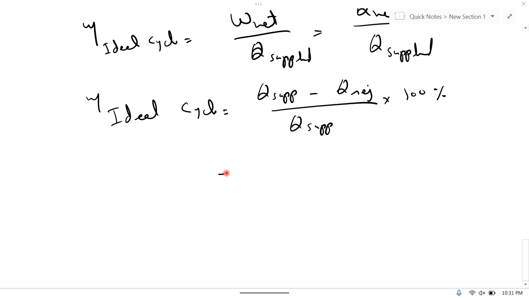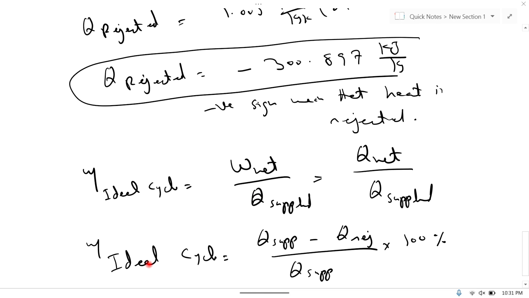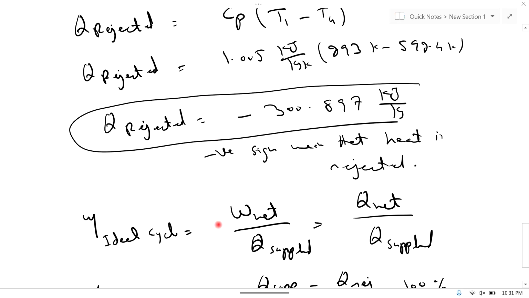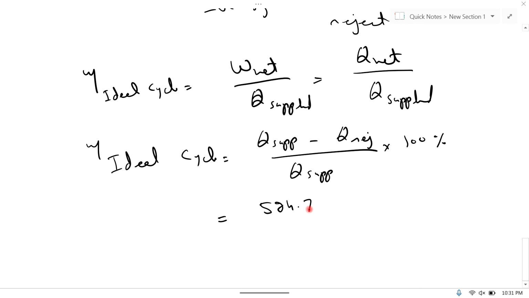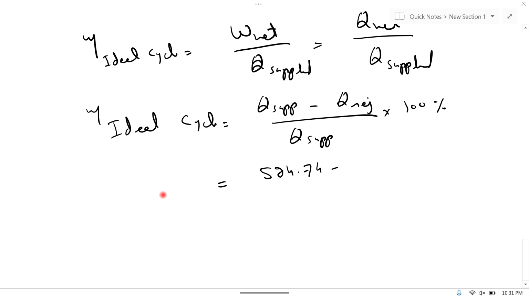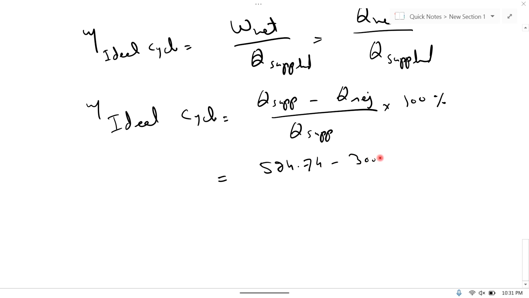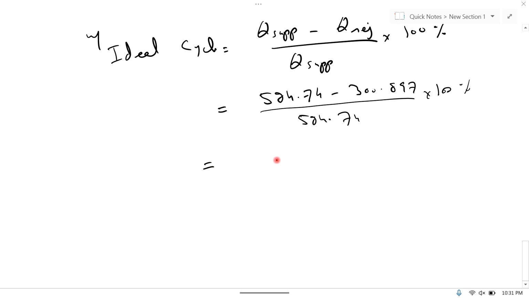So ideal cycle efficiency is equal to heat supplied, 524.74 minus 300.897, divided by heat supplied, 524.74, multiplied by 100%, which is equal to 42.65%.